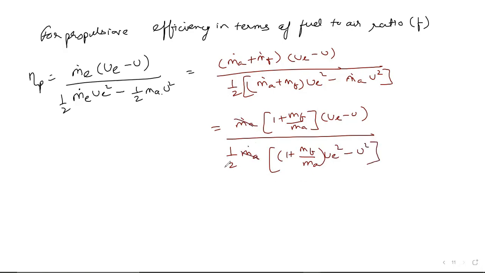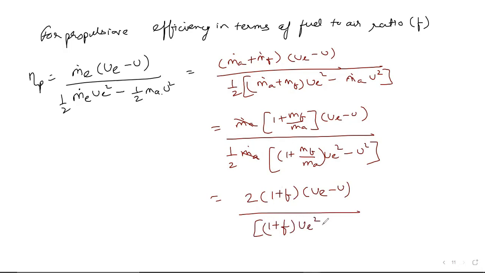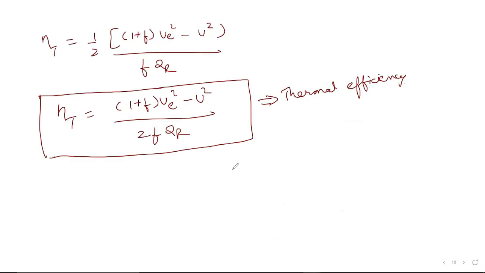So this MA and MA cancel, and this 2 will go upper. So it will be 2 times 1 plus F, UE minus U, divided by 1 plus F, UE square minus U square. Now you can see that the denominator here is basically the numerator here.